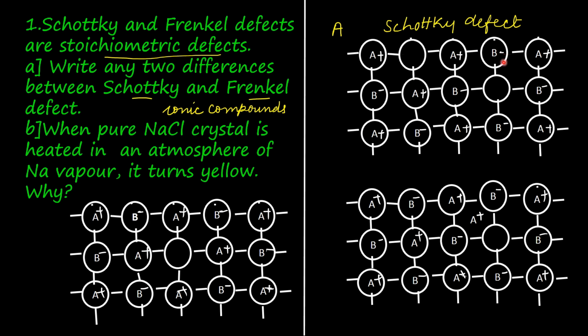From the diagram, it is clear that this site ought to have been occupied by a negative ion that is missing here. In the next row, you find this lattice point which ought to have been occupied by a positive ion also is missing. So in Schottky defect, equal numbers of cations and anions are missing. So density gets reduced, but electrical neutrality is maintained.